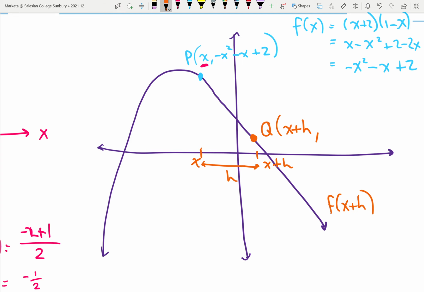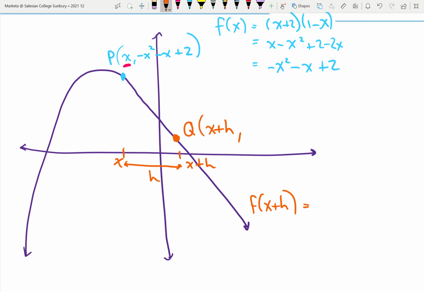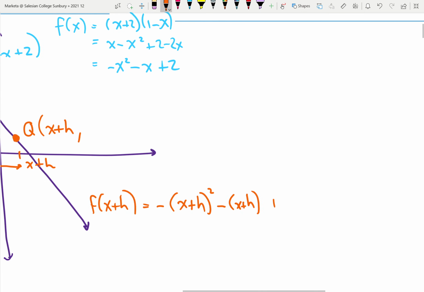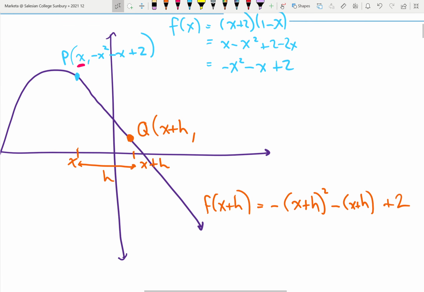And look, it's just quite nice to put it into this one here rather than the bracketed one. You'll see as you do them how it is just easier to work with if you expand first. So I put x plus h here, squared. The negative is not in the brackets with the squared, so just be aware of that. Minus x plus h plus 2. So now if I expand that, this is a squared plus 2ab plus b squared.